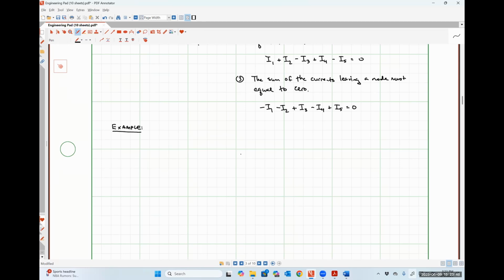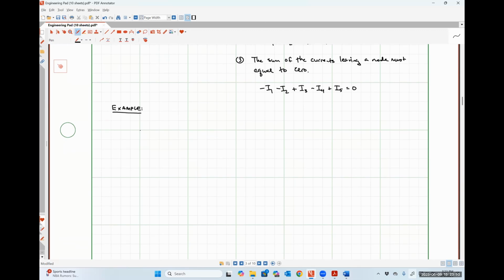So let's say that we have the following circuit. Here I have a 6 kilo ohm resistor. This is a 6 milliamp source.